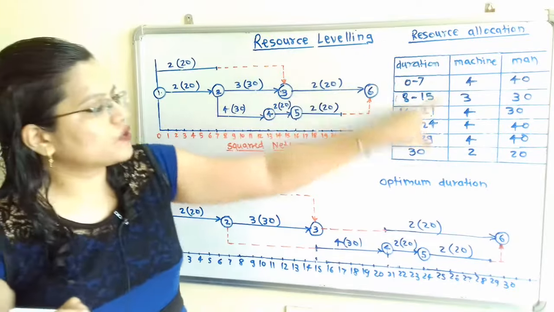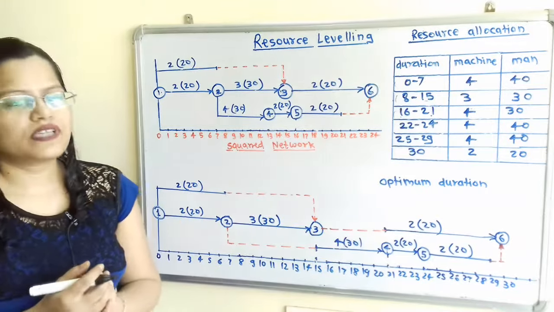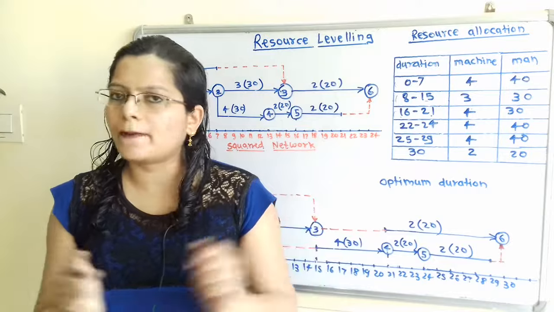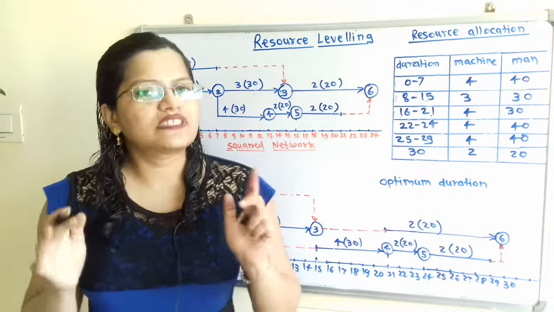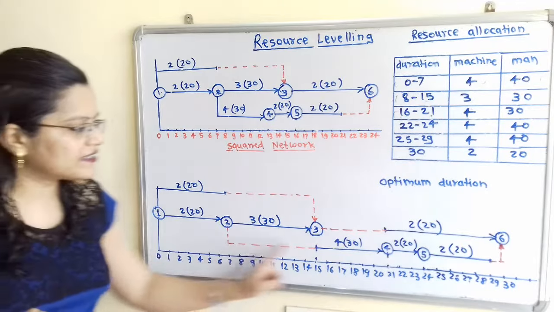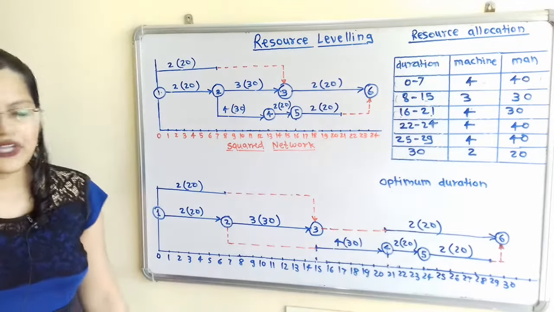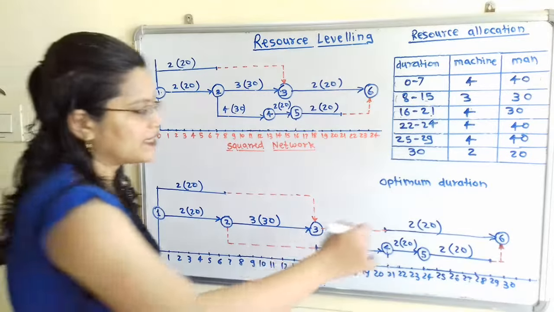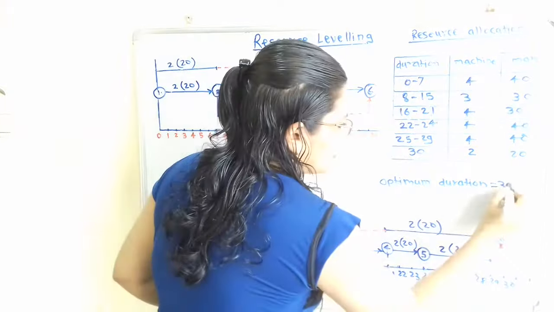So this is the resource allocation table. Now there is the one question, what is the optimum duration for the completion of project? Because this is the question of resource leveling, we have extended the project duration. So here the optimum duration for the completion of project is equal to 30 days.